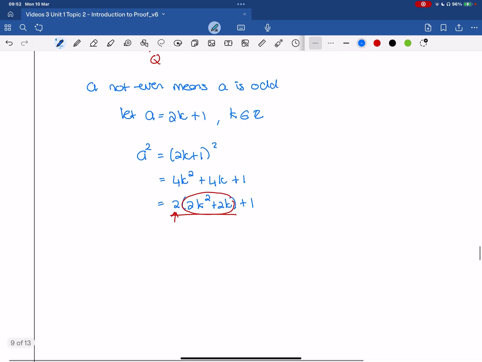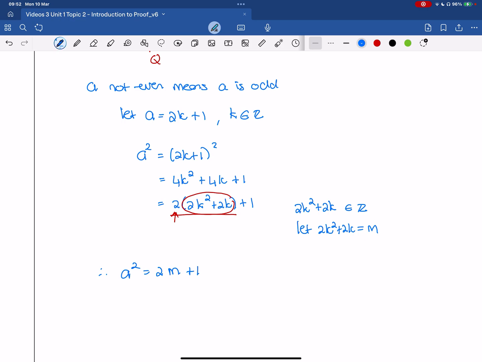So let's show that in an interesting way by saying, well, 2k squared plus 2k must be an integer, because when you multiply two integers by each other, you get an integer. And we're going to let 2k squared plus 2k just be m. Okay, and that'll just simplify this. So therefore, a squared is 2 multiplied by m plus 1.